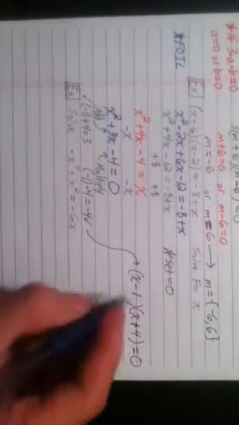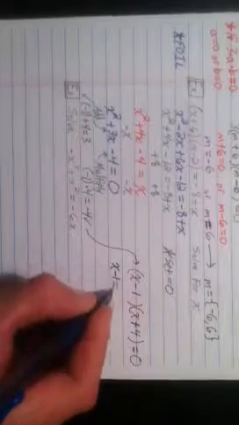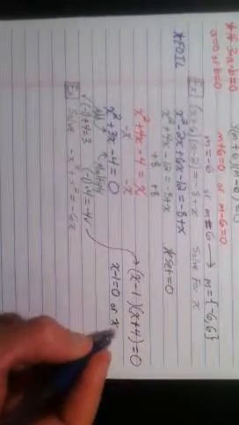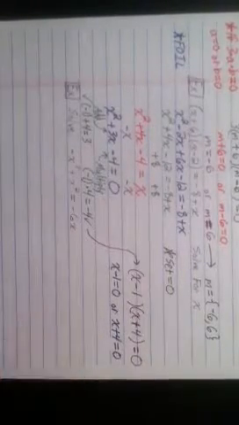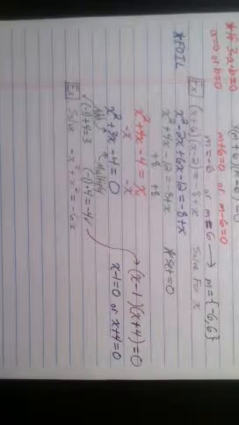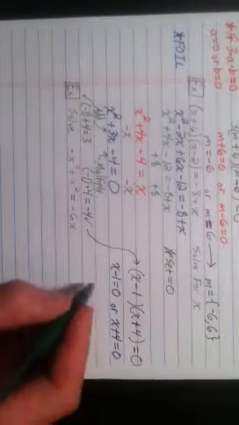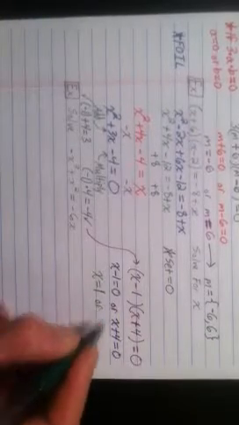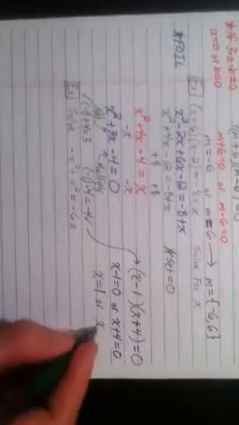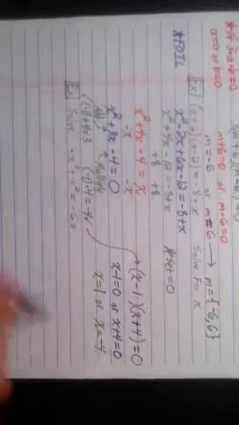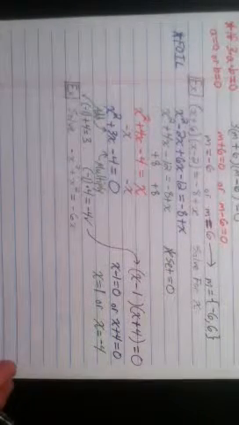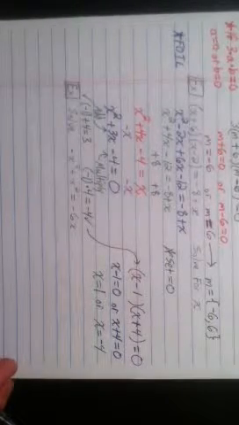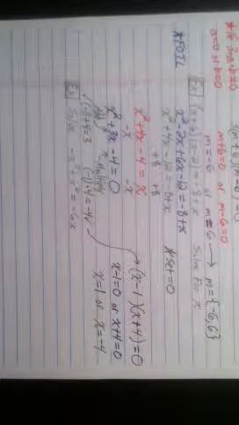Something times something equals 0. Let's apply the zero product property, setting both factors equal to 0. So this tells us that either, adding 1 to both sides here, x equals 1, or, subtracting 4 from both sides, x equals negative 4. So there's our two solutions for that example.